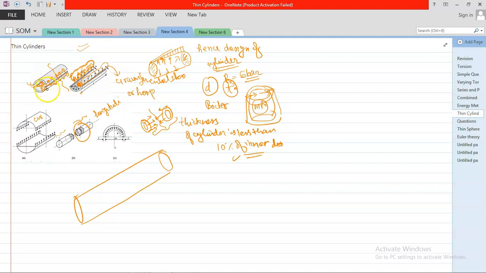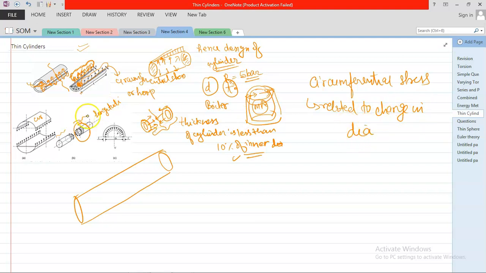Suppose internally pressurized fluid is filled in the cylinder, and it will try to increase the diameter, which is resisted by this circumferential stress. Hence we can say circumferential stress is related to change in diameter.